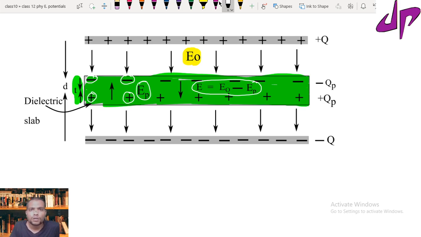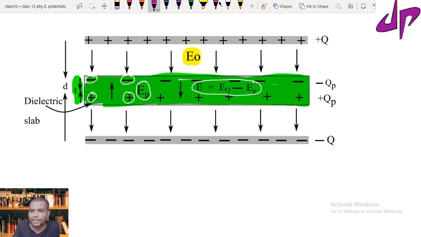Now I would like to write the expression for the electric field due to the polarization, and the leftover electric field within the dielectric medium.